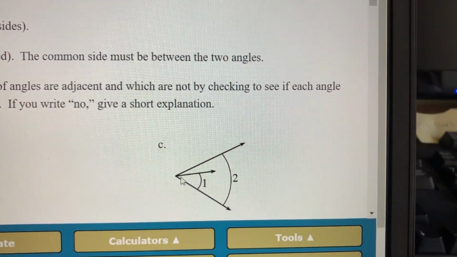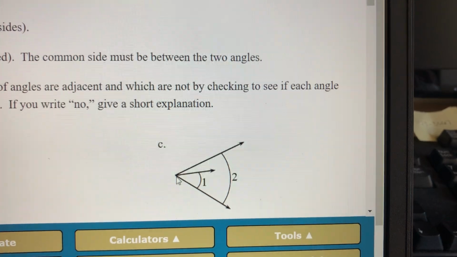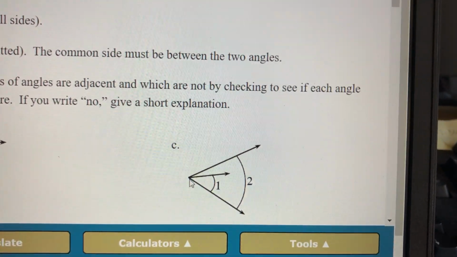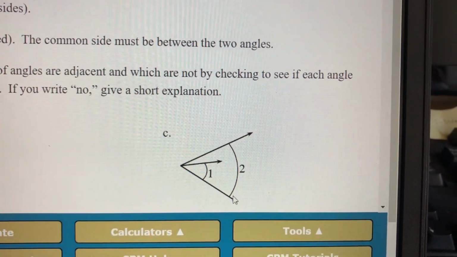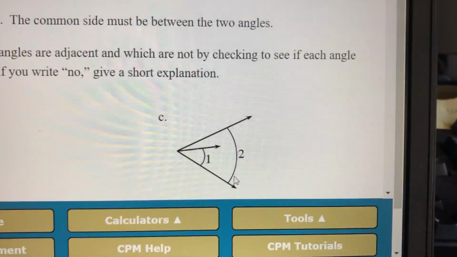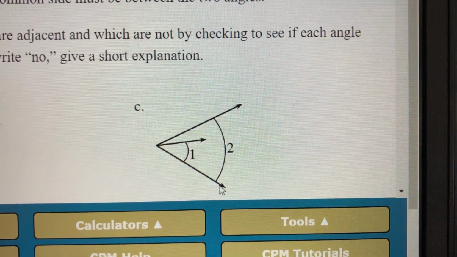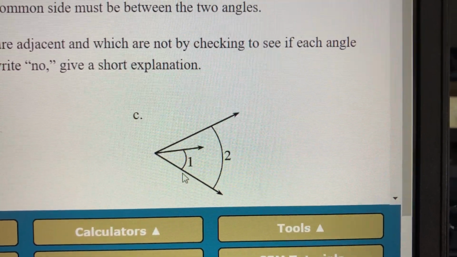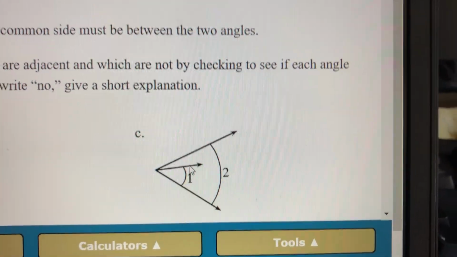Here they look like they share a vertex, but there's some overlap going on. So 2 is overlapping 1, which can't happen with adjacent angles. So angle 2 and angle 1 are not adjacent angles because there's overlap.